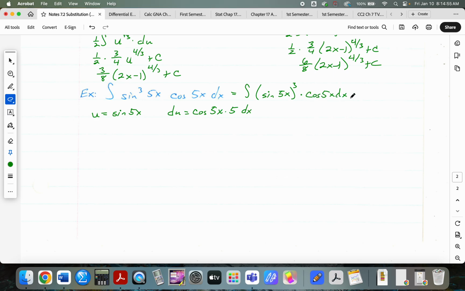That's not quite what I have in my integral currently, so then I'll multiply both sides by 1/5 and get 1/5 du is equal to cosine of 5x dx. So now our integral is u to the third times 1/5 du.